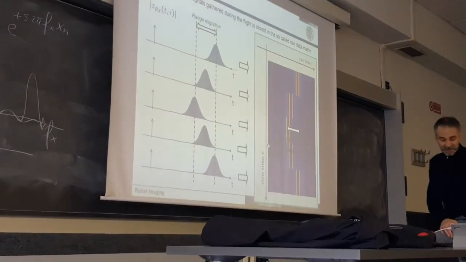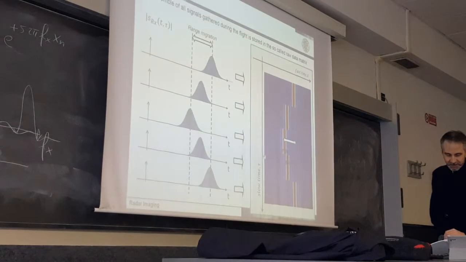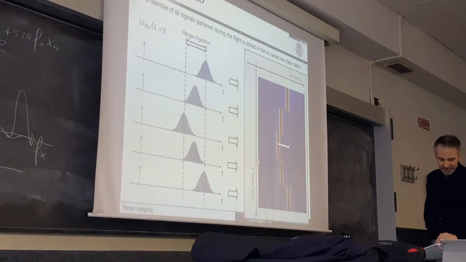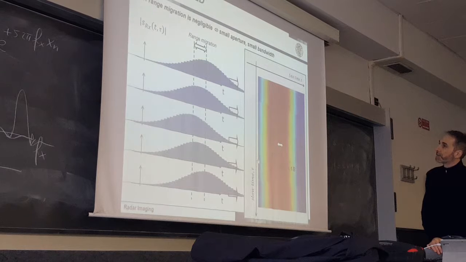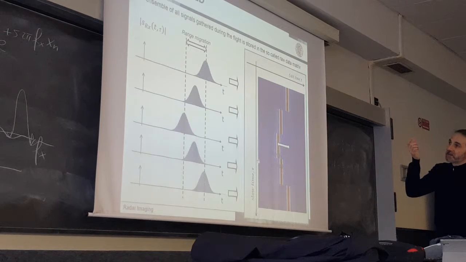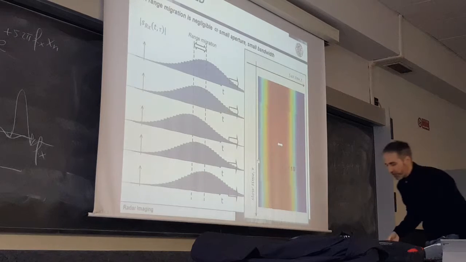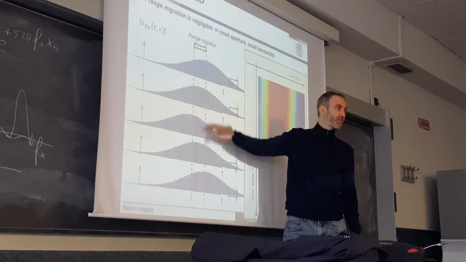And for the time being, we will assume a simplifying assumption. We will assume a simplified system where the bandwidth that we are transmitting is narrow, which means that the temporal duration of each of these pulses is much longer than the range migration.